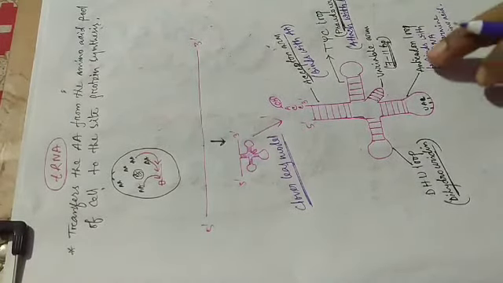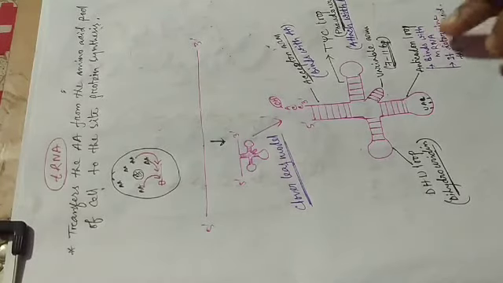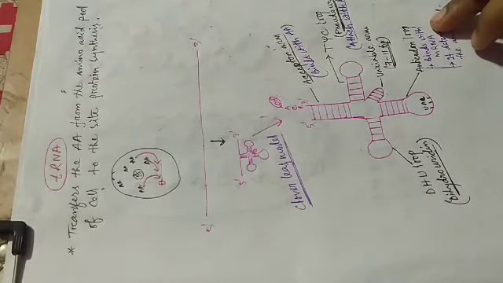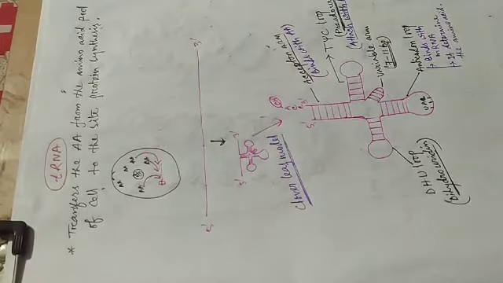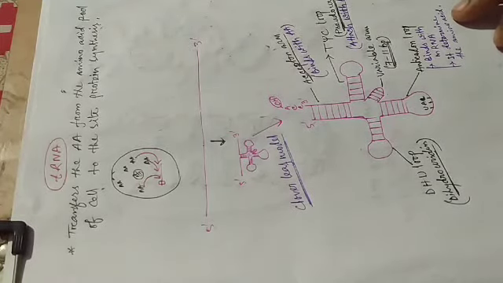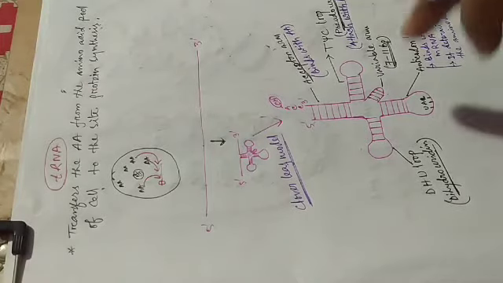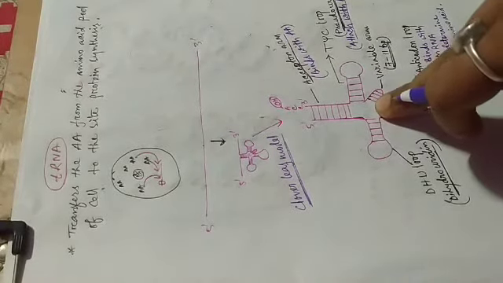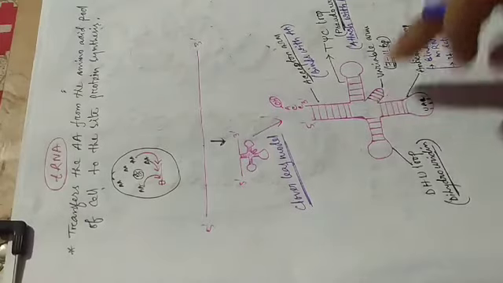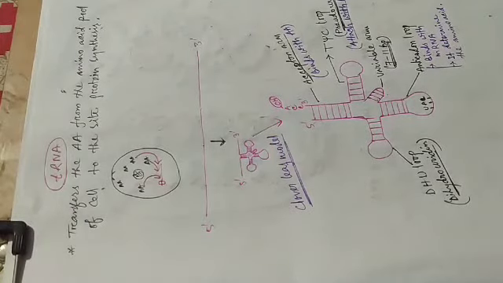For that, the function of the anticodon loop is to bind with mRNA at the time of protein synthesis, and it determines the amino acid, meaning which amino acid gets attached to which tRNA is determined by the anticodon.